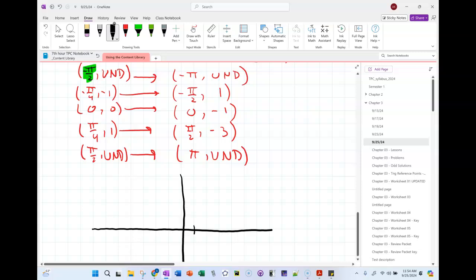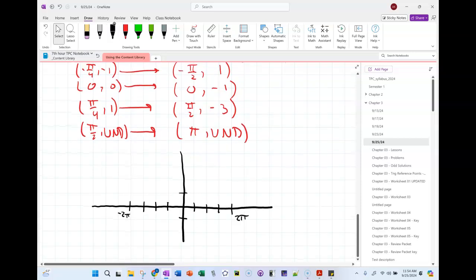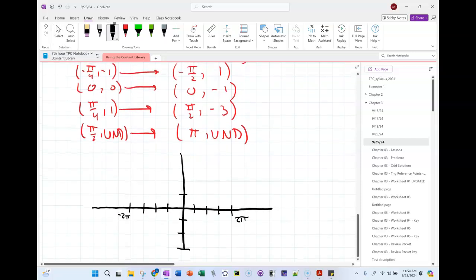So that's half a pi, 1 pi, 1 1/2, 2. Half pi, 1 pi, 1 1/2, 2. And my y's, looks like everything is just going up by 1, right? Because I go from negative 3 to positive 1. What do you guys think? So looks okay?